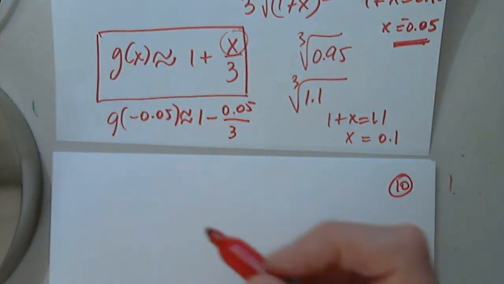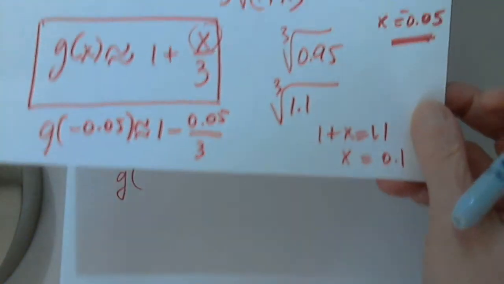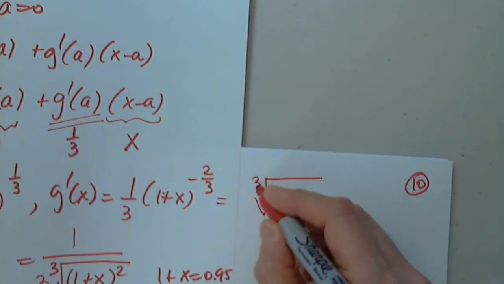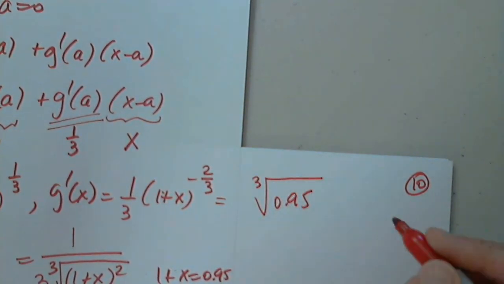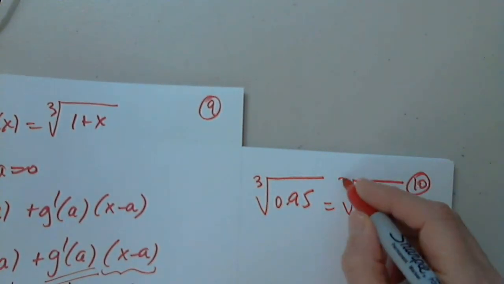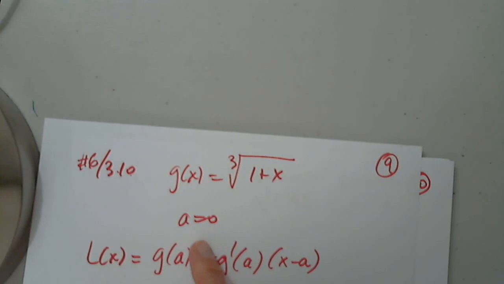I gotta ask, why did you subtract 1 from 0.95 and 1.1? So let's analyze this. I'm asked to approximate the cube root of 0.95, but I'm talking about this function, and I'm talking about something close to 0.